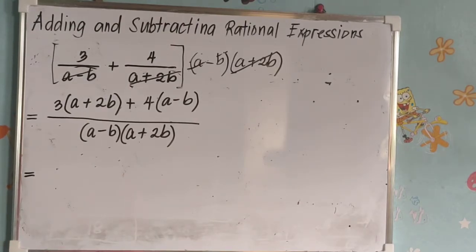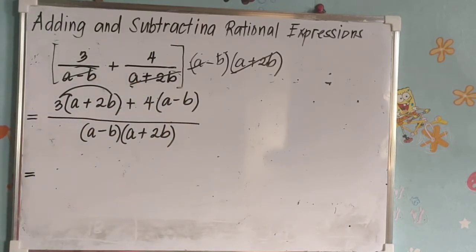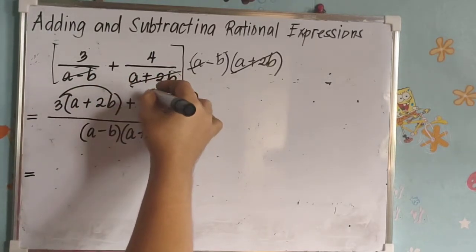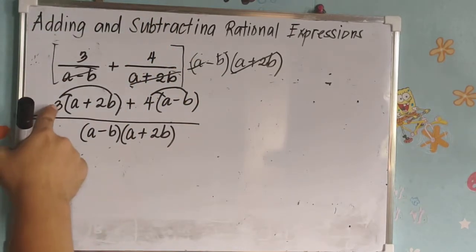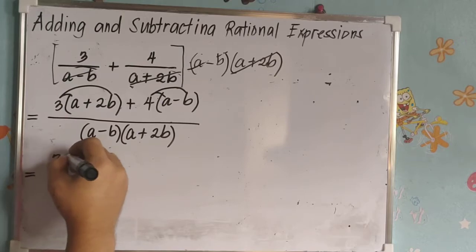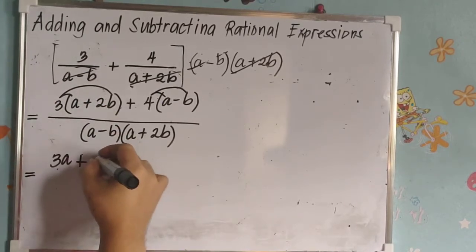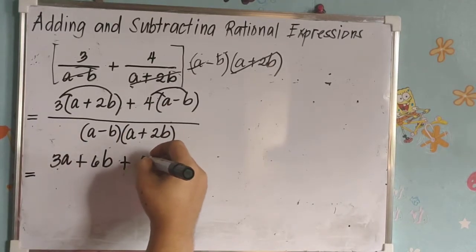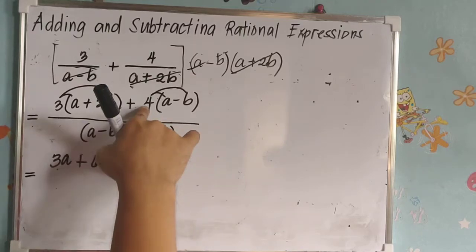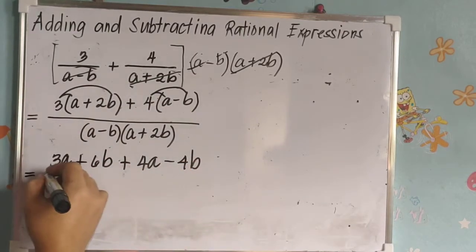Then simplify by distributing 3 inside the quantity and distributing 4 inside the quantity here. So we have 3 times a, so we have 3a plus 3 times 2b, so we have 6b plus 4 times a, we have 4a, and 4 times negative b, so we have negative 4b.